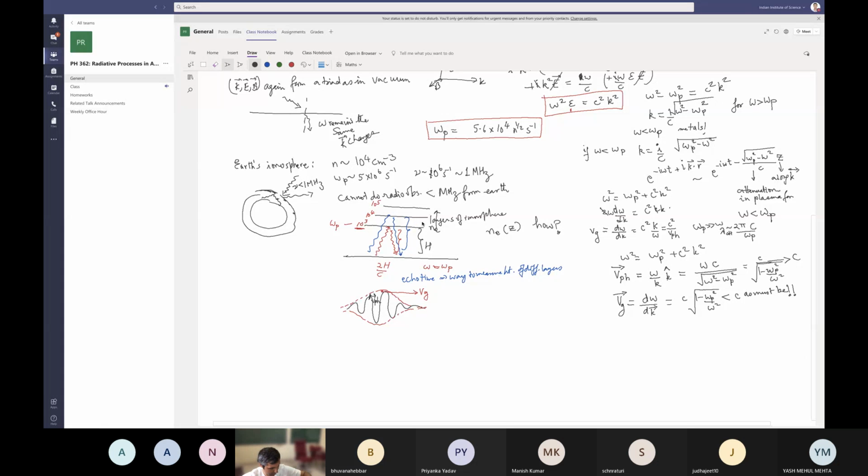So what does this mean for the last part of this class? Let me just say pulsar dispersion. There are objects called pulsars, which are rotating neutron stars, and they emit very regular pulses after a very, very constant time.